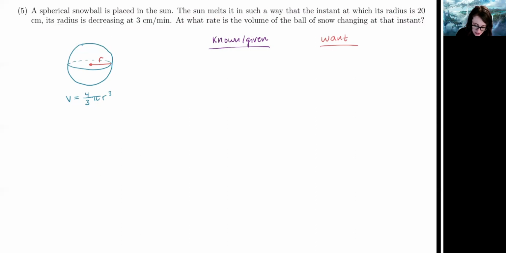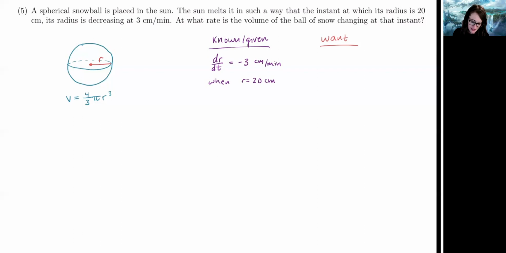The radius decreasing, that's the change in the radius, so that will be represented as dr/dt. Because the radius is getting smaller, we need to interpret that decreasing mathematically as a negative. So this will be negative 3 centimeters per minute when r is 20 centimeters. They're tied together.